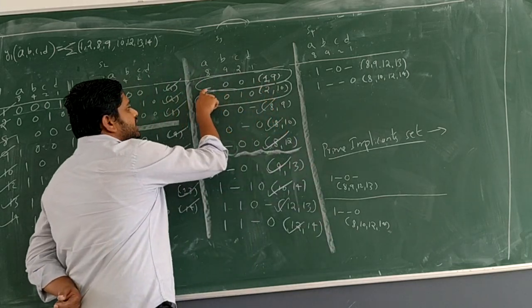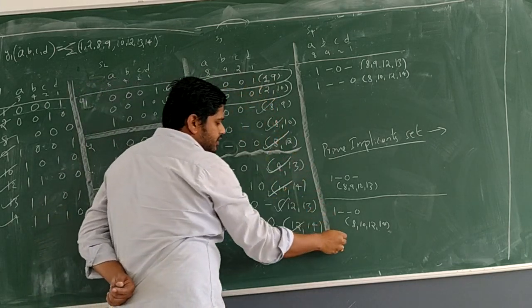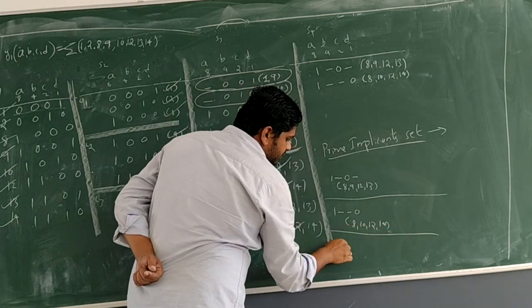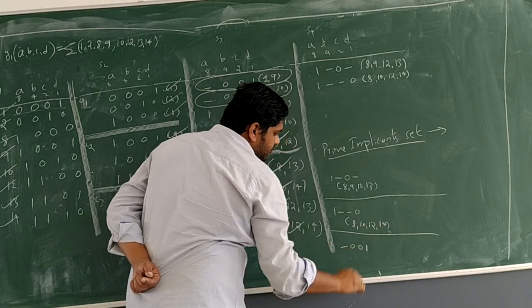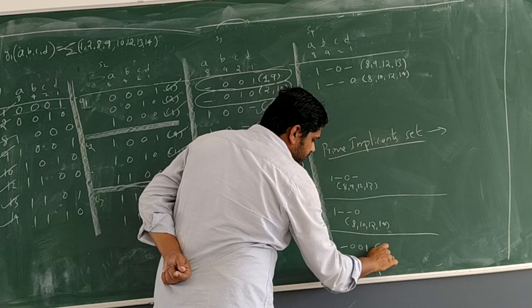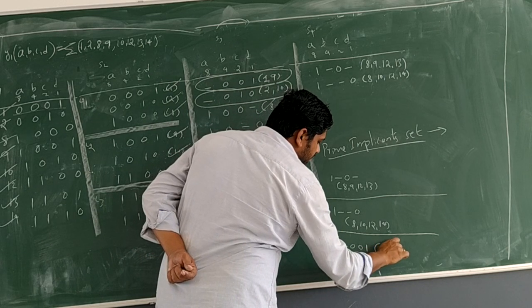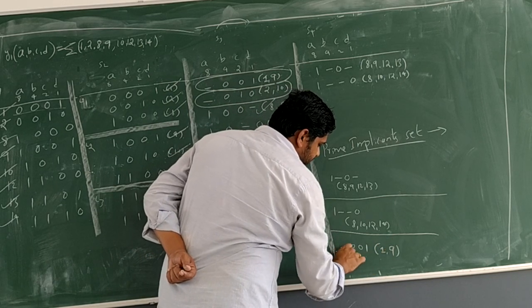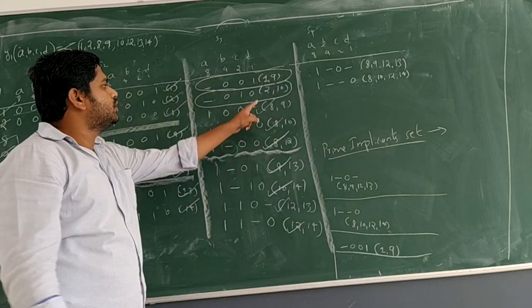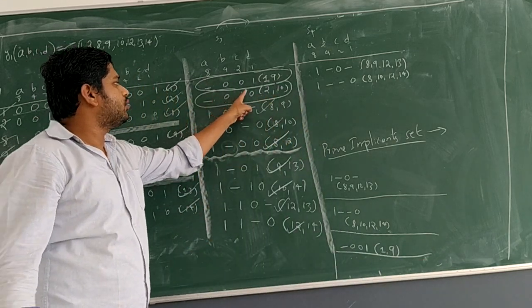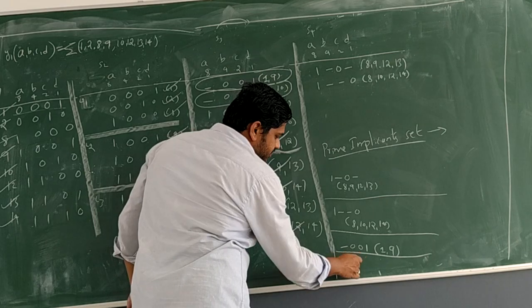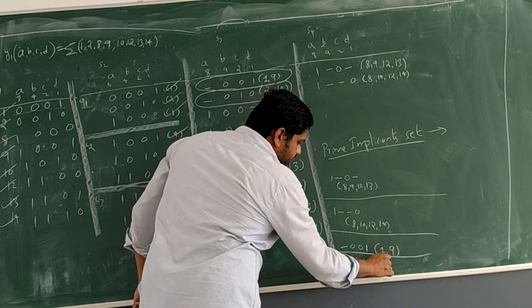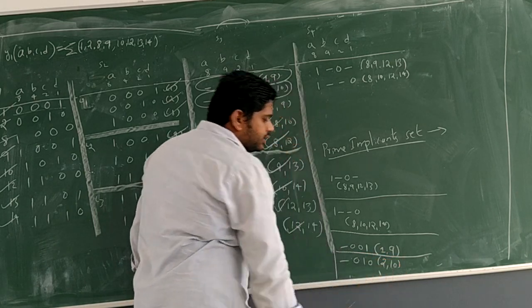What is the representation? Hyphen 0, 0, 1. What is the group name? 1, 9. And the last one is 2, 10. Hyphen 0, 1, 0. The group is 2, 10.